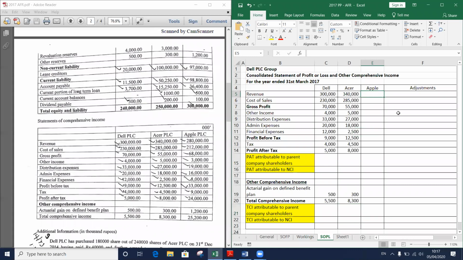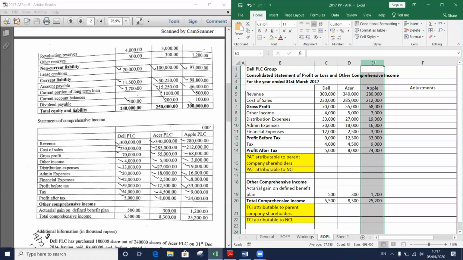Right. Apple PLC 280, 12,000, 68,000, 3,000, 19,000, 16,000, 3,000, 33,000, 9,000, 24,000, 1,200, 25,200. Right.